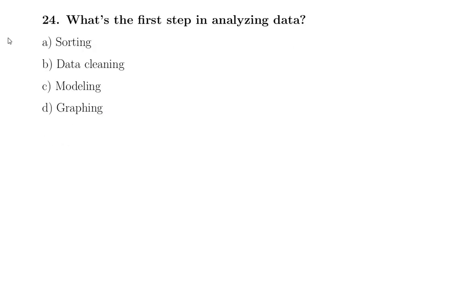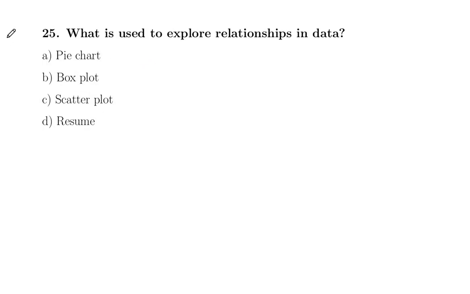What's the first step in analyzing data? Storing, data cleaning, modeling, and graphing. The correct option is data cleaning, the first step of analyzing the data. What is used to explore relationships in data?